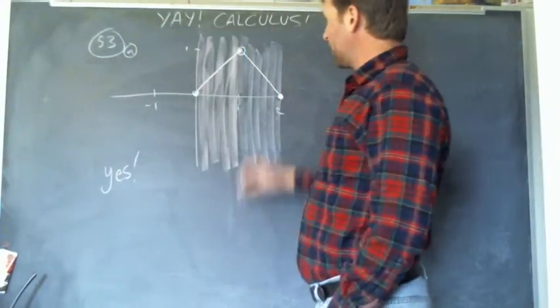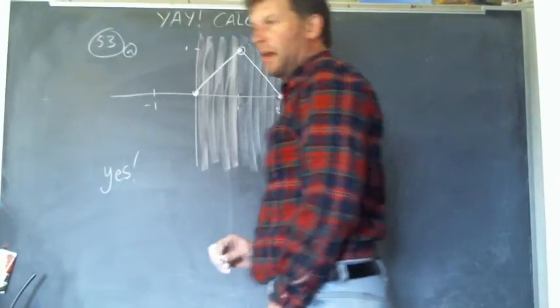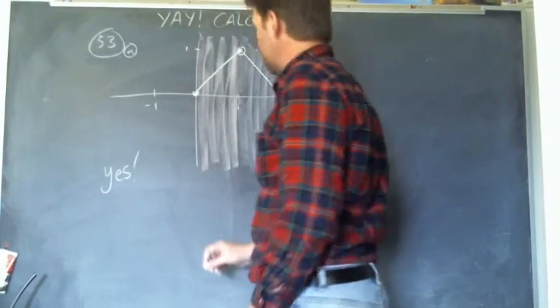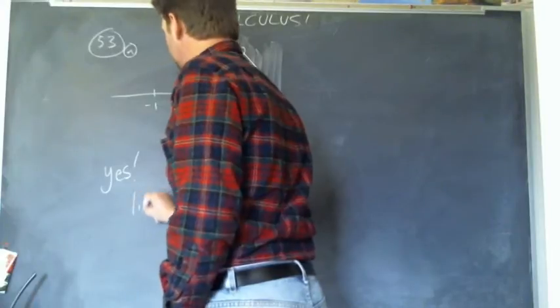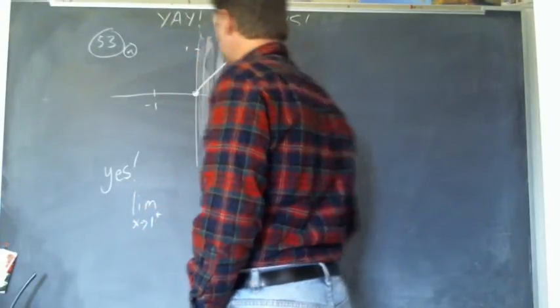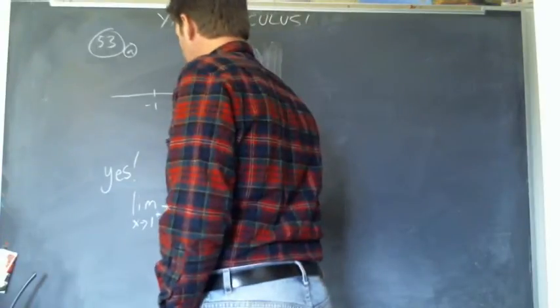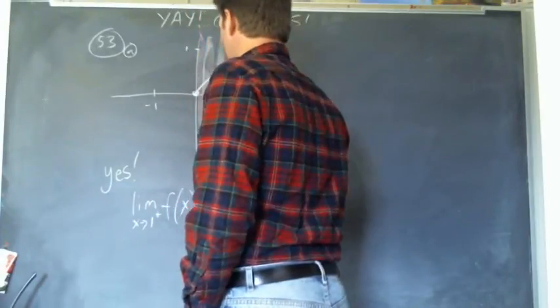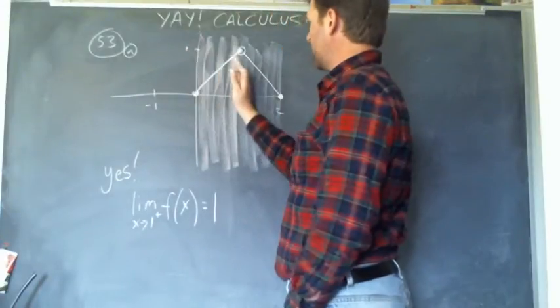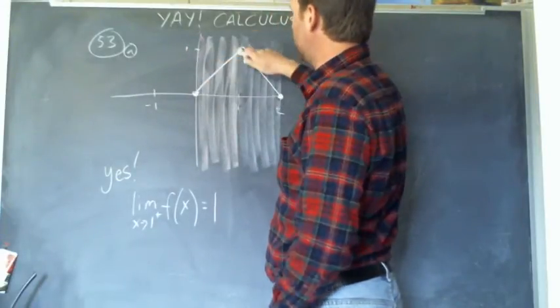And that is because the limit from both sides approaches the same thing. So the limit as x approaches 1 from the positive side of f of x is 1. So as we're going this way, the value of our function is going up and is approaching 1.